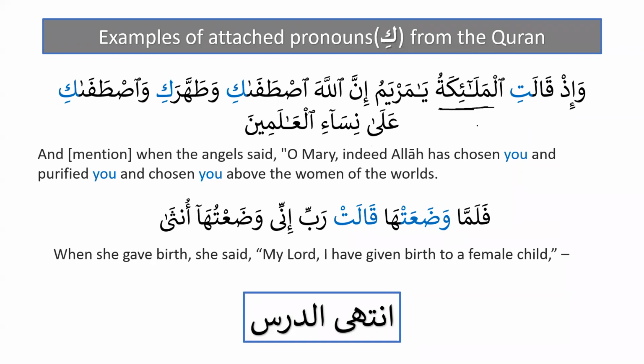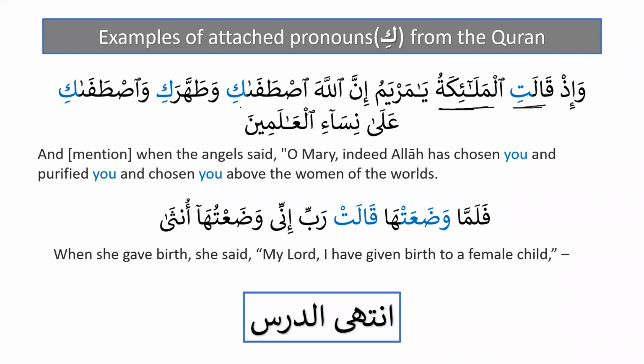Only Allah knows, because sometimes it is used as masculine and sometimes as feminine in the Quran. But our focus is on qalat, and we know that qalat is used for feminine. وقالت, and when we connect it with kasra. وإذ قالت الملائكة يا مريم إن الله اصطفاك وطهرك واصطفاك على نساء العالمين.